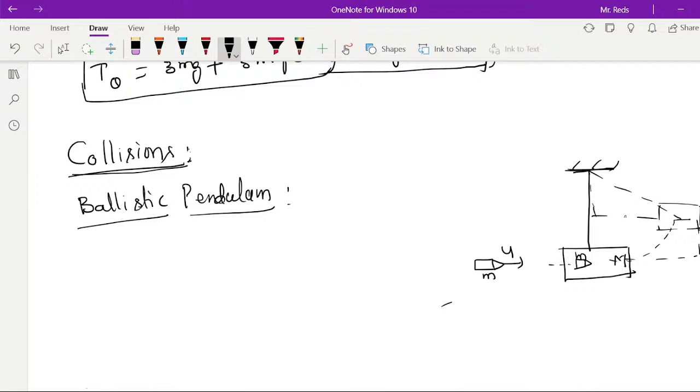So let us say this height is h. So the bullet and block together, that means small m plus capital M together, will rise to this height.